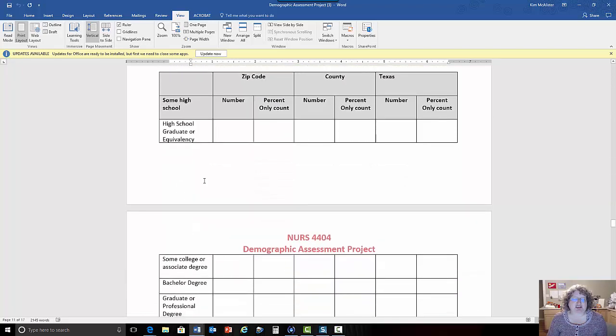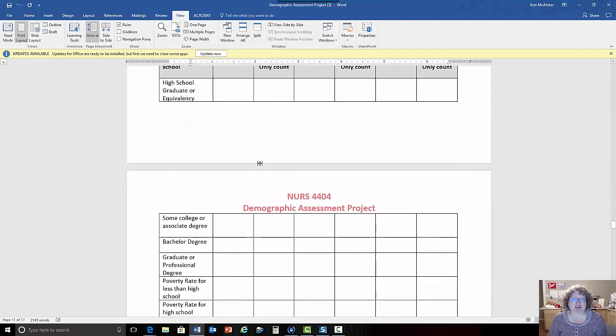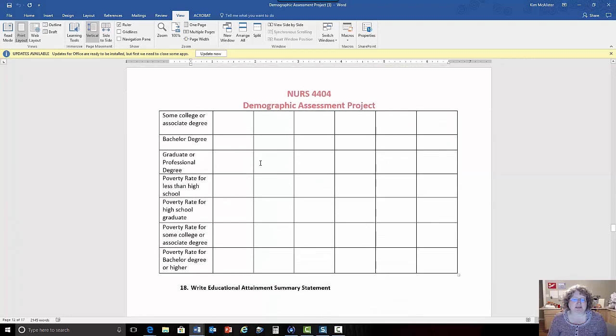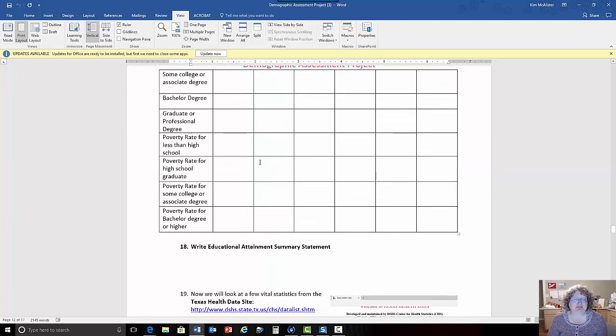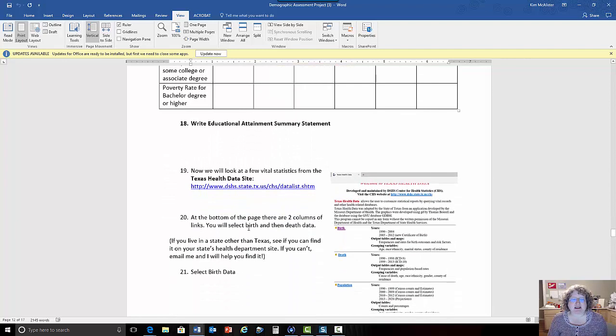Next, go to educational attainment and look at the different levels of education that people have. And then you can tell on that same table, it will talk about the poverty rate for people with less than high school, people who are high school graduates, some college, and then bachelor's degree or higher. And then you can write a summary statement about that.